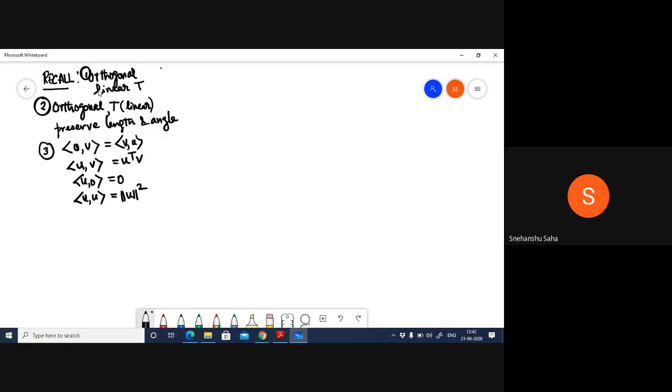So these are the properties. These are the things that we have already discussed.